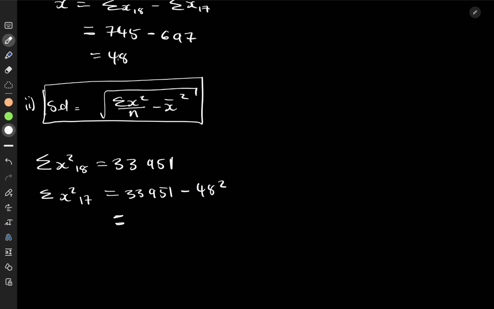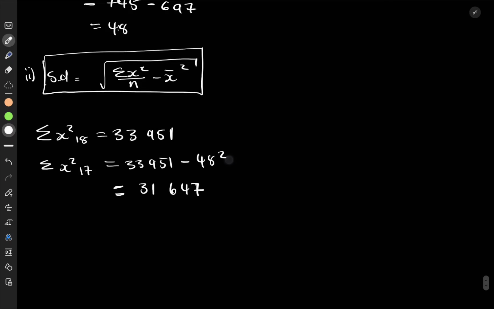Okay, it's like I'm removing this one. So that's what I do, and I can be able to get it, right? So I'm going to say 33,951 minus 48 all squared. I'll get 31,647. That's my new solution. This is the sum of x squared for 17.